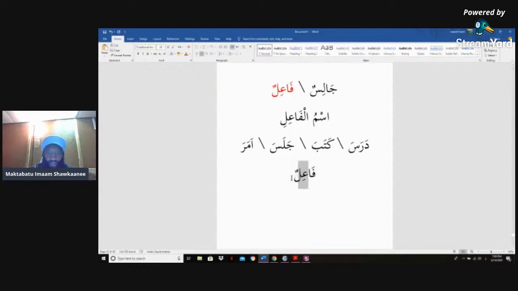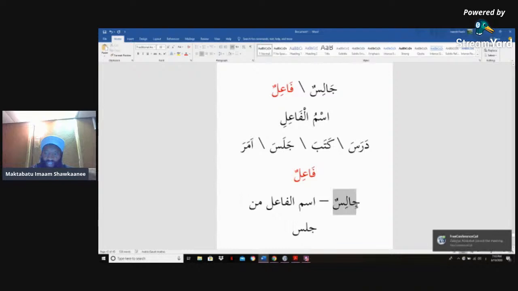The fatha comes after the first letter. The kasra is under the second letter. And the last letter gets a dhamma. If the verb has 3 letters, the ism fa'il is going to be on this shape. Memorize that shape. So jalisun is the ism fa'il, the active particle, of the verb jalasa.